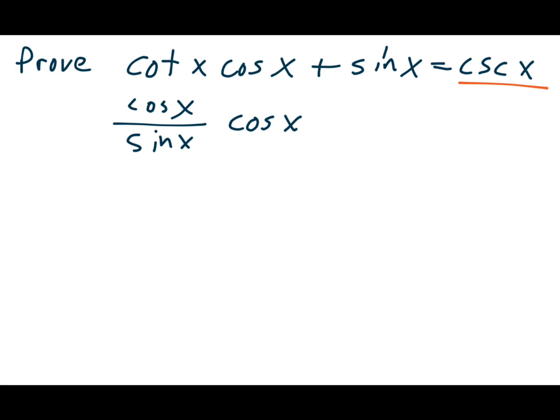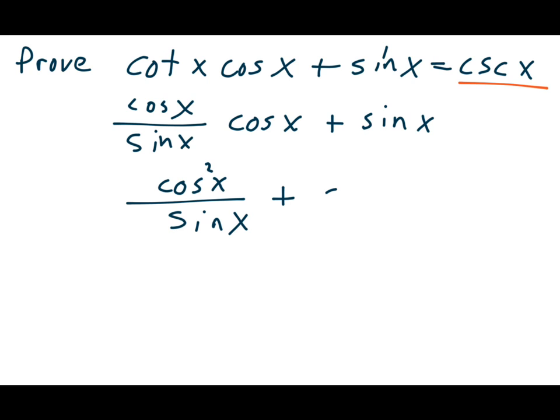Okay? Then here you see I have cosine of x times cosine of x. Cosine of x times cosine of x is cosine squared of x over sine of x plus sine of x. Now if I get a common denominator, the common denominator is going to be sine.